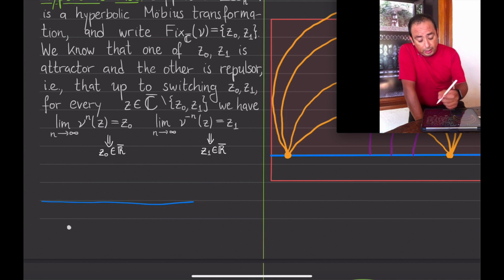Well, take any point in u different from Z1. Fortunately, Z1 is only one point. So let's take a point in u different from Z1, and then apply this. Then at some point you have to enter the lower half plane. Contradiction.